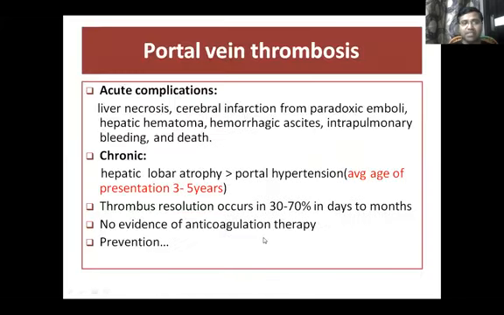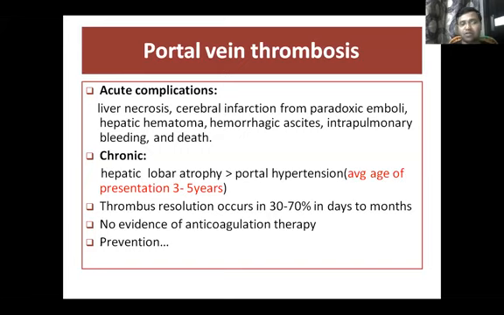The complications: acute, less likely, there may be hemorrhagic ascites or liver necrosis. Chronic, yes, more of portal hypertension. Part of the lobe atrophy is common and is asymptomatic. Portal hypertension, the age of presentation, maybe one study quoted 5.3 years, around 5 years. Some mentioned 3 years. So whenever we diagnose portal hypertension in early life, we have to follow up to 8 to 10 years of life.